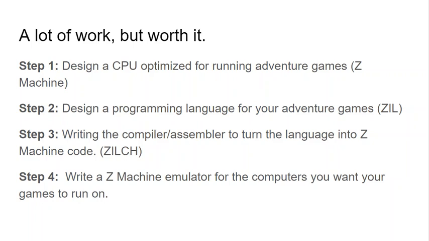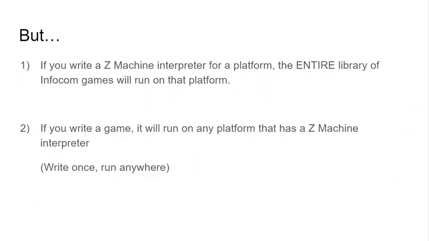So the Z Machine was the fake CPU, the virtual CPU they designed. They created a language called ZIL, and they would use Zilch to crush it down into Z code or Z machine code. Now, to run that game, all they had to do was write a Z machine interpreter for the different computers that they wanted that game to run on.